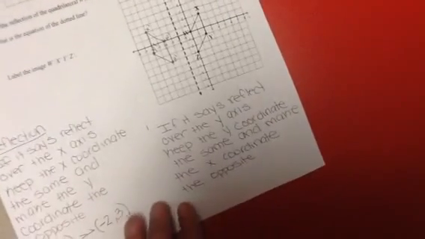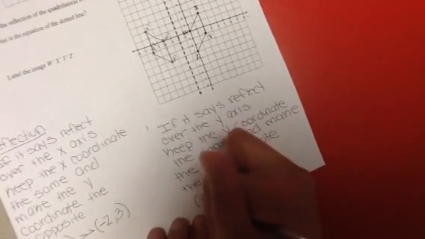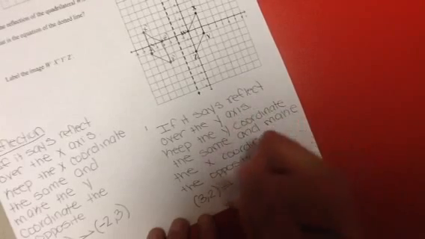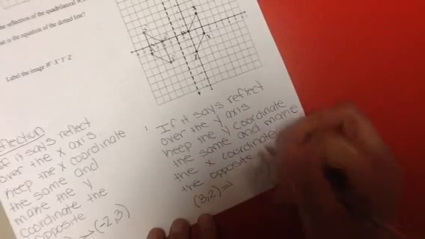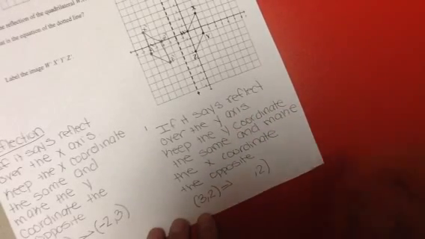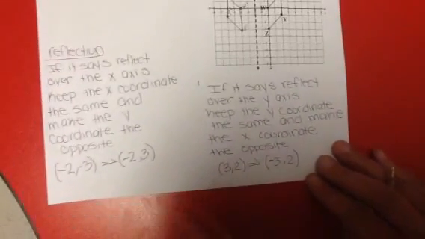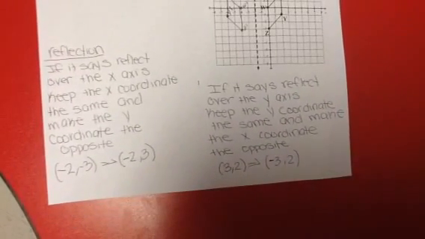So in this case, if I had something like 3, 2, I would keep my 2, because that is my y-coordinate, and make my 3 negative. So whichever one says reflect over, you're going to keep that number and do the opposite to everything else.